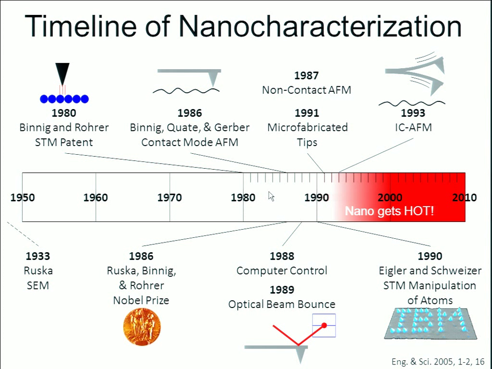Continue on a little bit more into the later 80s, we see the advent of AFM, some other more sophisticated detection techniques such as optical beam bounce, and as we continue on we see different modes of atomic force microscopy. So really, scanning probe microscopes as a set of tools are fairly new. They started basically in the mid-80s.